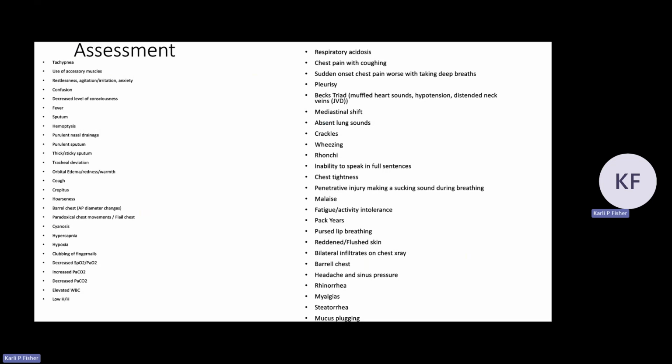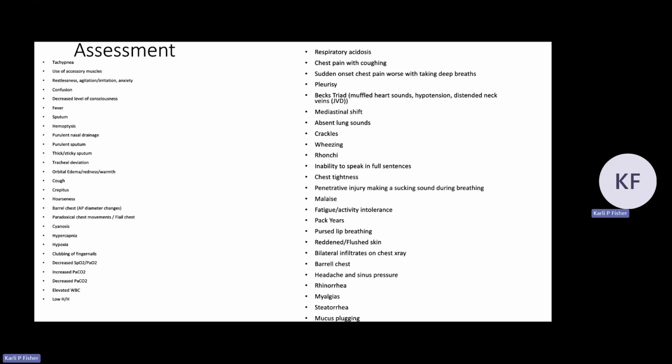So looking at the front versus the width. A barrel chest is where you actually end up with a 1-to-1 ratio. So it literally is round like a barrel. We see this in our patients with COPD, guys. Those people that have that damage to the alveoli, they'll end up with that barrel-like chest that goes from being flat in the front with rounded sides to pretty much being a round barrel all the way across.